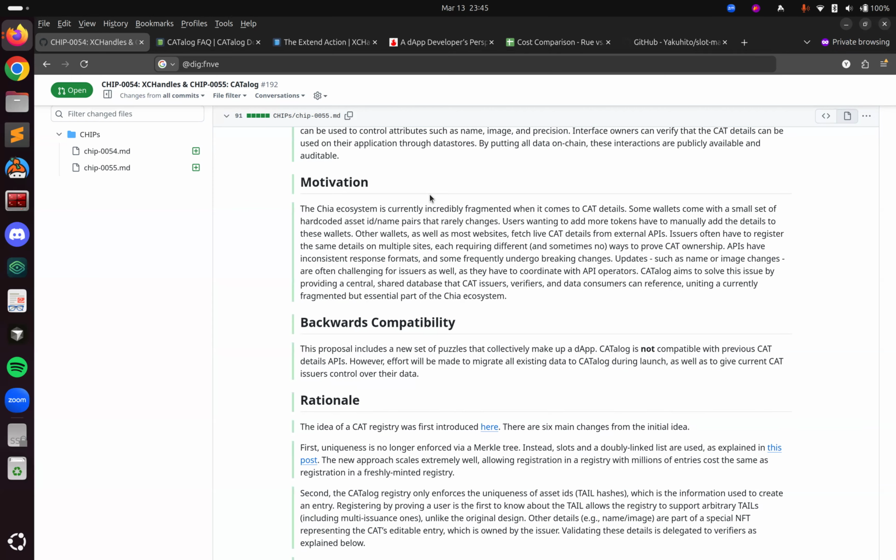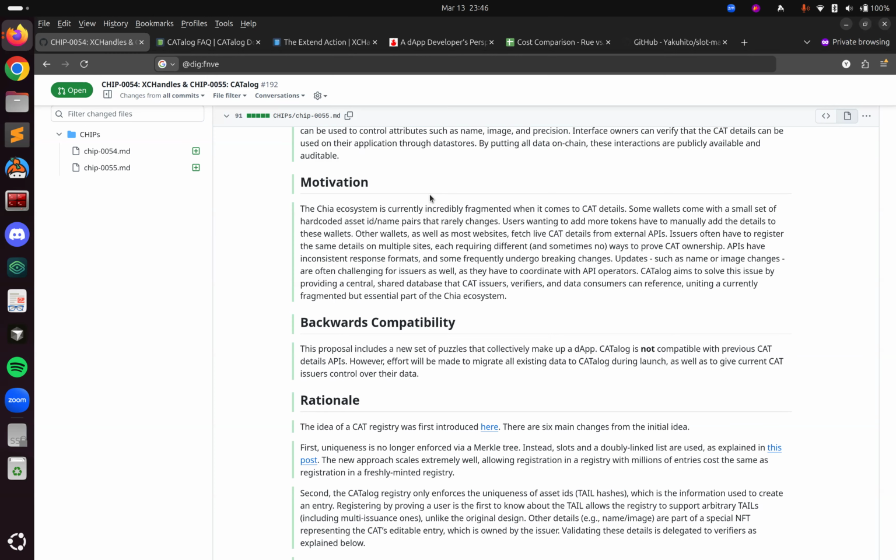If you are the CAT issuer, you'll have knowledge about the CAT before anyone else, and that knowledge is the asset ID. So the way Catalog works is that you essentially register the CAT ID before you issue the CAT. And because you are the first one to have known about the CAT, you're considered the owner of the CAT. And that gives you rights to update details.